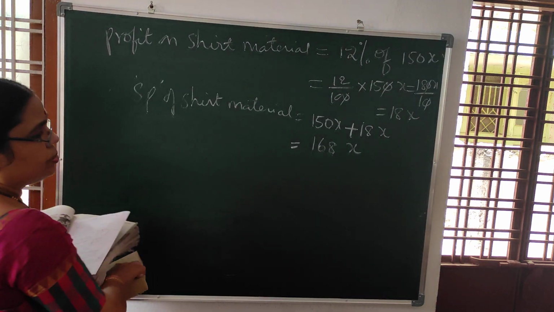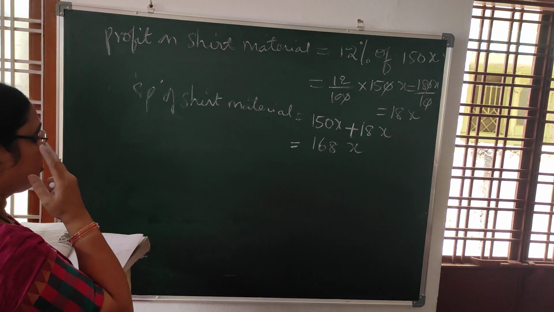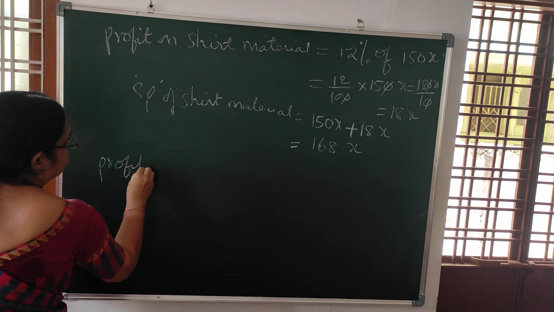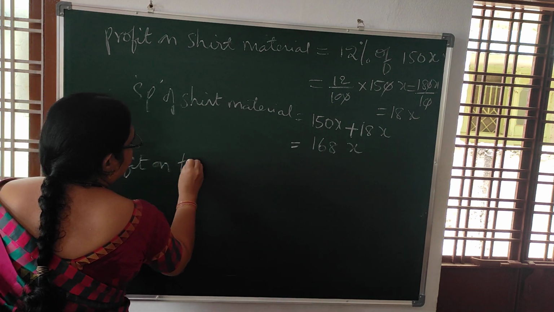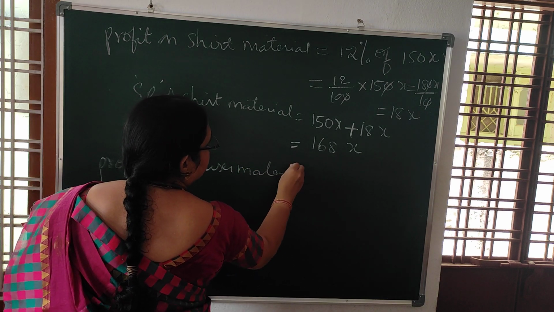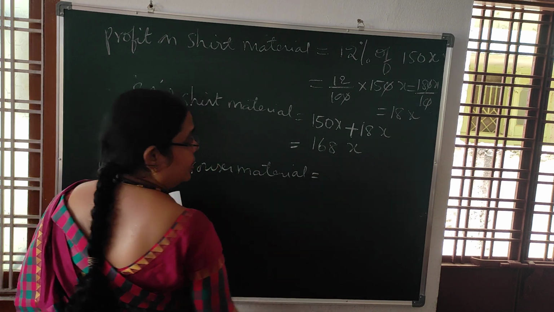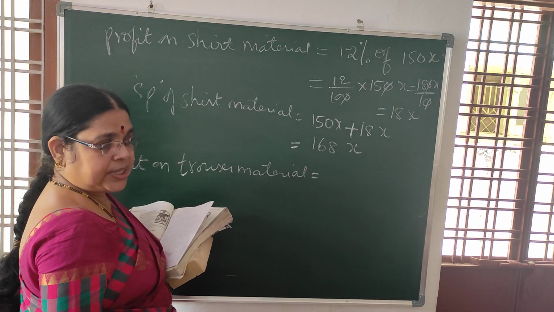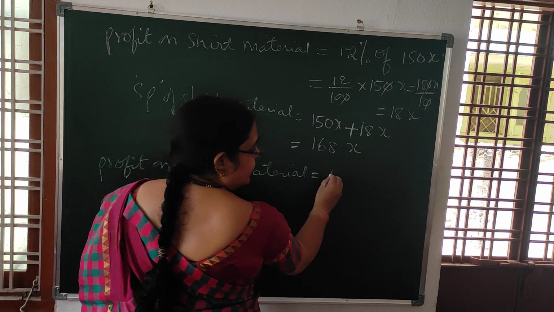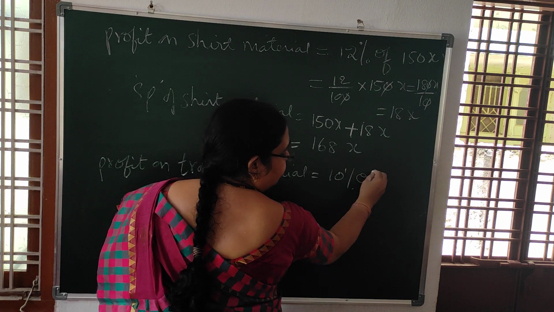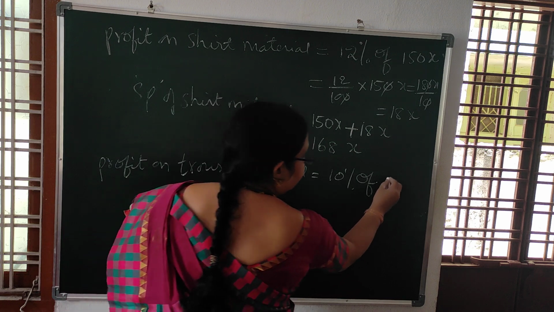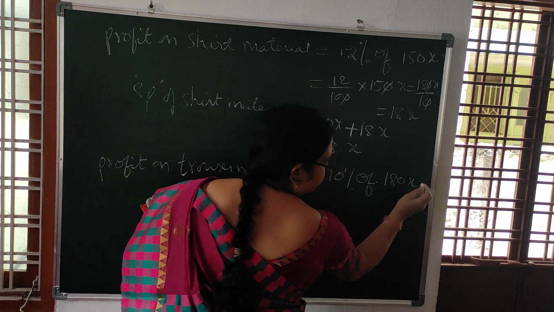Now going to trouser material. So profit on trouser material. He sold trouser material also at a profit of 10%. Percentage is given, you are going to find the profit. So profit on trouser material is 10% of the cost price of trouser material, 180x, which you got already.